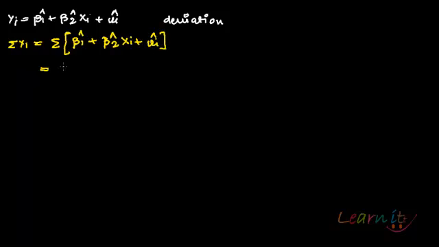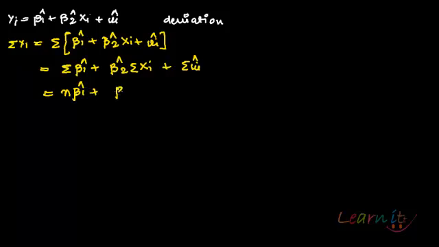So this would mean summation beta 1 hat plus beta 2 hat will come out of summation. This will give you summation xi plus summation ui hat. Well, this would be n beta 1 hat plus beta 2 hat summation xi. Fine. Well, summation of ui hat would be 0.